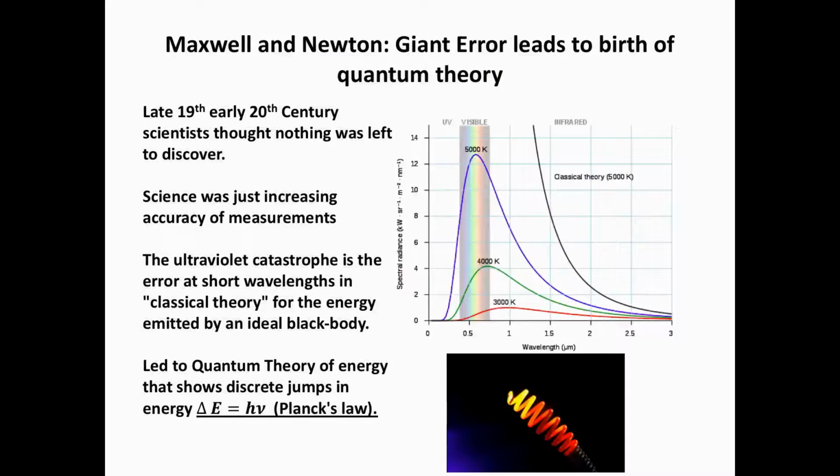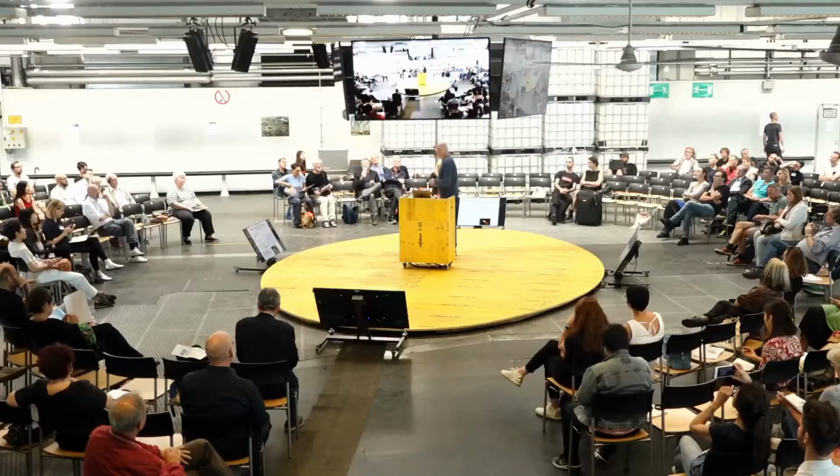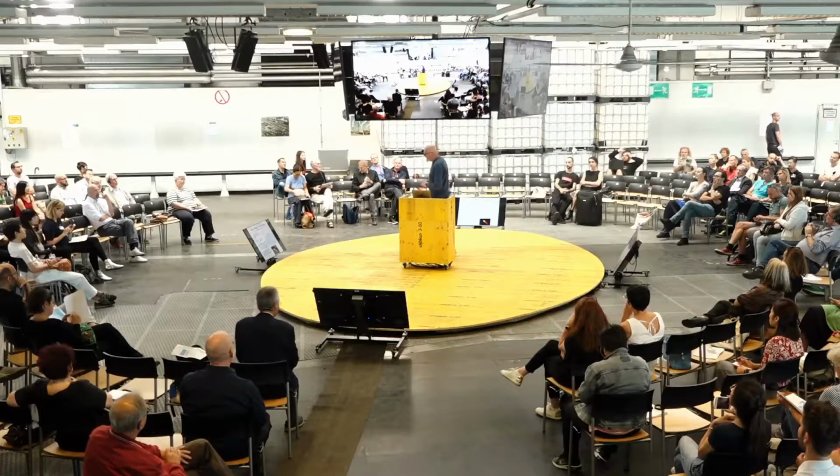Now, there are also major errors because we use theories, okay? And then we compare them with experiment. And we go back and forward. The theoreticians change the equations to try to match the experiment, and experimentalists change the experiment to try to agree with the theoretician. This is one example which led to the concept of quantum mechanics, quantization of energy.